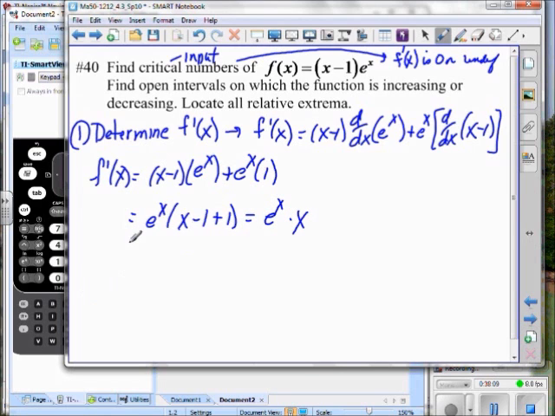If I want to find critical numbers, what do I do with the first derivative? Okay, so set it equal to 0. So I have 0 equals e to the x times x. One of those factors has a value of 0. Can e to the x be 0?